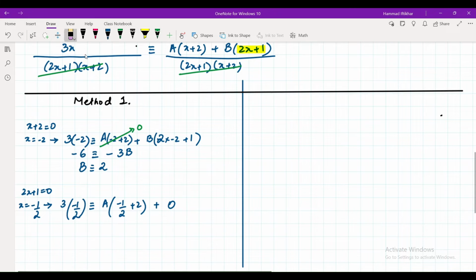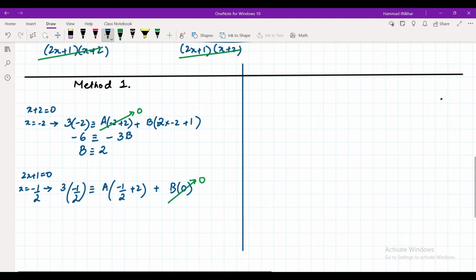So that's b times 0, which already makes this entire thing 0. So minus 3 by 2. 2 minus a half is positive 3 by 2. So 3 by 2 cancelled. We are left with a is equal to minus 1. So it's a pretty straightforward process.